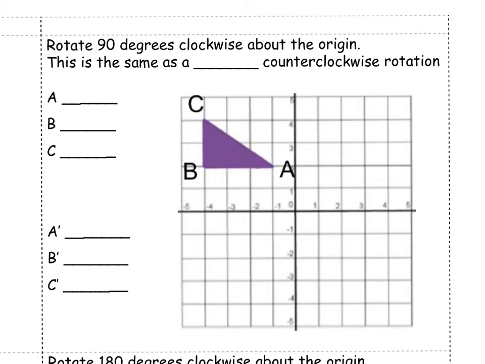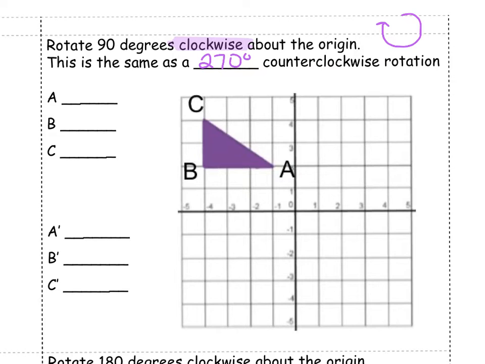To see a rotation in action, here's our first example. It says rotate 90 degrees clockwise about the origin. Anytime we talk about rotations, we have to be specific about clockwise or counterclockwise, so which direction. Remember, clockwise goes around our clock, and 90 degrees clockwise is going to be the same as 270 degrees counterclockwise.